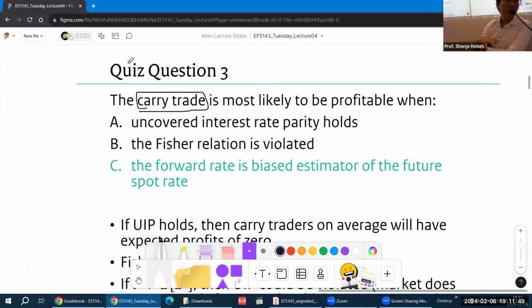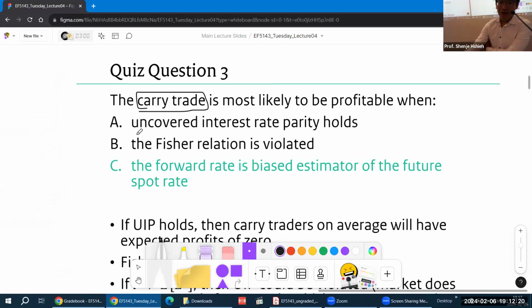There's not sufficient convergence of the appreciation or depreciation of the home currency such that it wipes out their interest rate differential gains. If it goes the opposite direction, that's even worse, because that would inflate their liabilities or deflate their future asset returns.